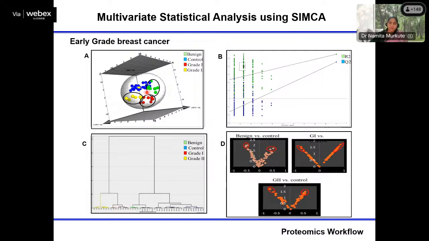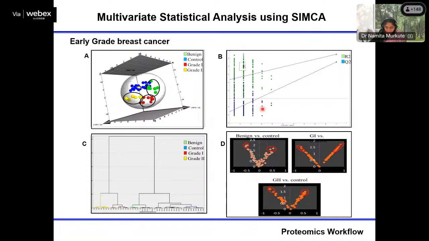So you can see that these clusters are separated from each other. They are not going to be mixed with each other. So from this we can show that yes, our samples have variability between control, benign, grade 1 and grade 2.